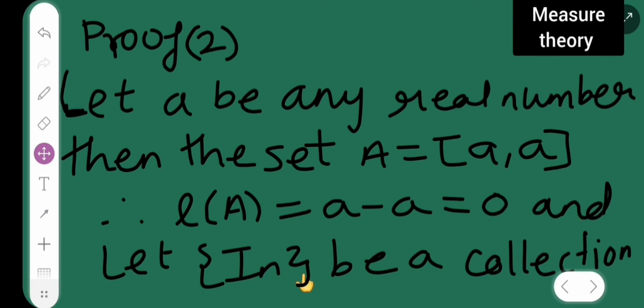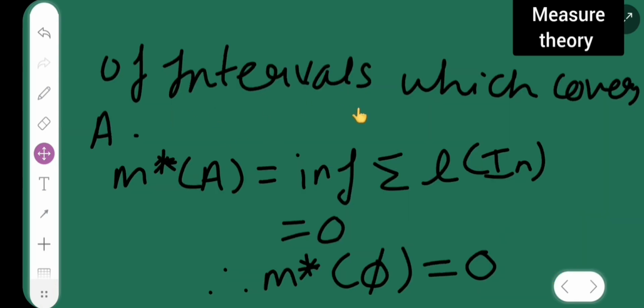Let In be the collection of intervals which covers A. So M star of A, the outer measure of A, is the summation of the length of In, which is equal to 0. Since A is an empty set, replacing A by phi, M star of phi is equal to 0. So we are done with the second proof as well.